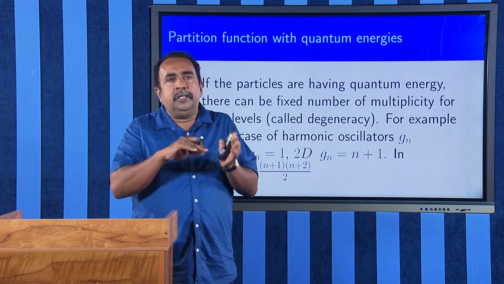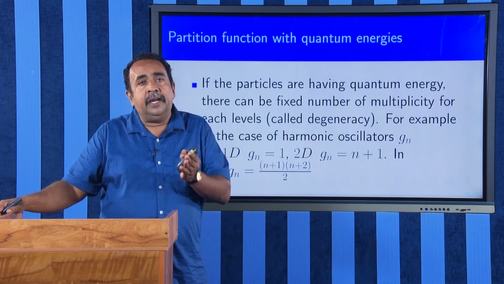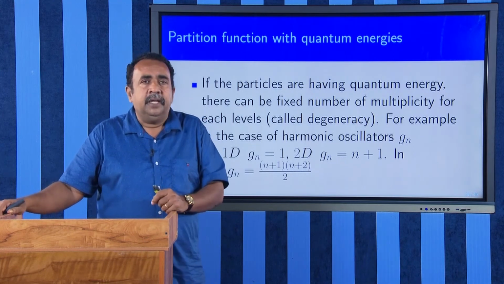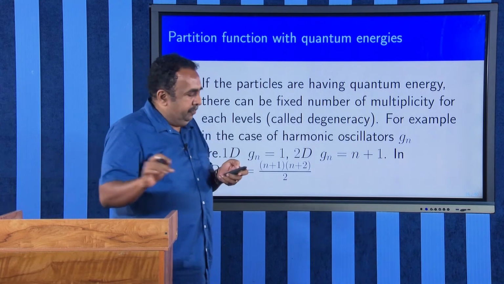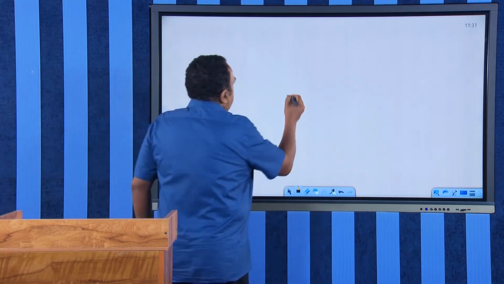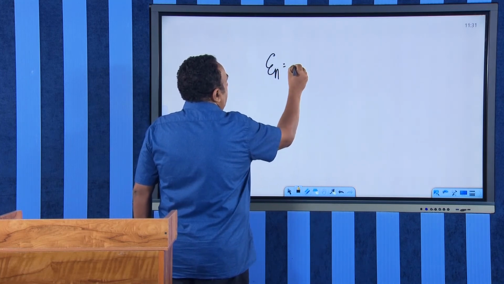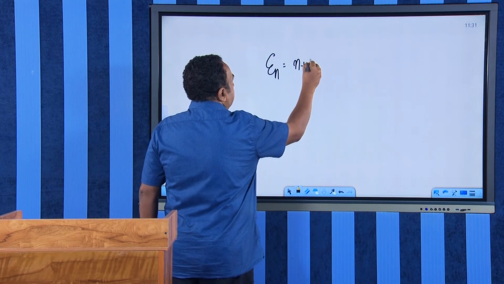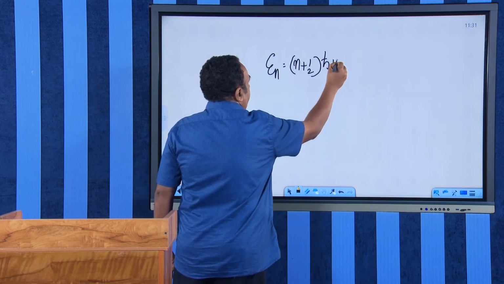If that Hamiltonian is operated on a wave function, you will get the energy eigenvalues and the wave function. The energy eigenvalues are E_n equal to n plus half h cut omega. This is the quantum energy for a one dimensional harmonic oscillator.